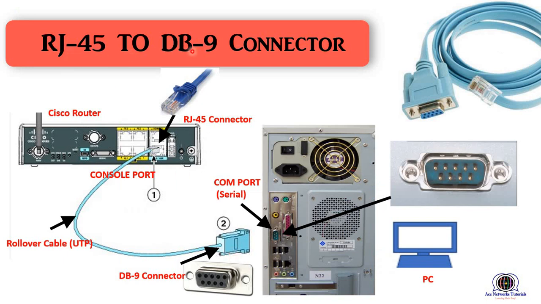Moving further, RJ45 to DB9 connector. Now, when you connect a computer to the console port of a router or a switch, you may need this kind of connector. The DB9 connector is required for your CPU, whereas the RJ45 connector is used for the console port of a network device. In the given case, the RJ45 to DB9 connector requires a rollover cable.